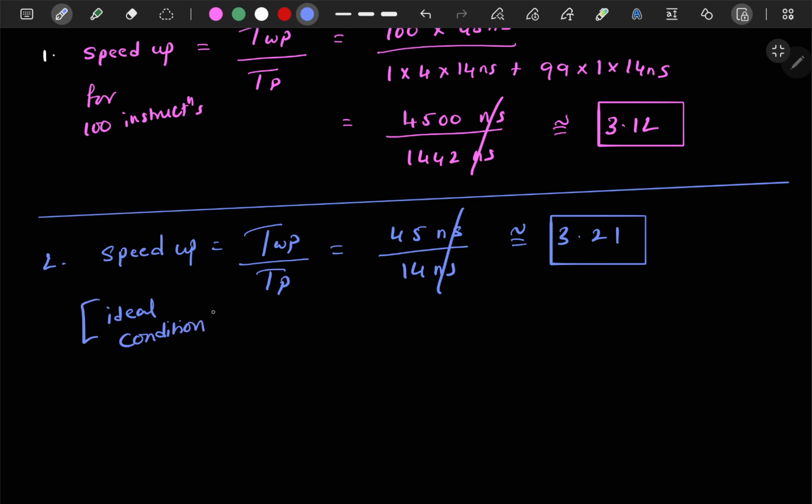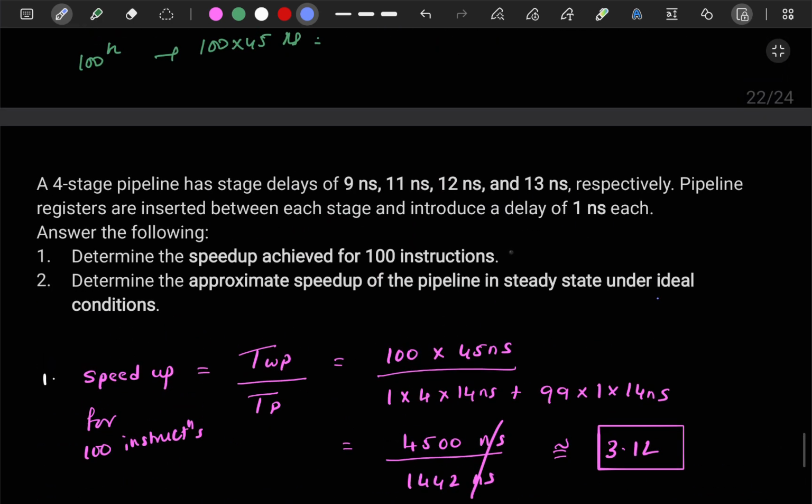Remember this part: whenever there is an ideal condition, you don't calculate for the entire set of instructions, just calculate for one instruction. Put in the time taken without pipelining for one instruction and the time period with pipelining, then take the ratio. So be careful about these questions. Whenever 100 instructions is mentioned, calculate in the first way.